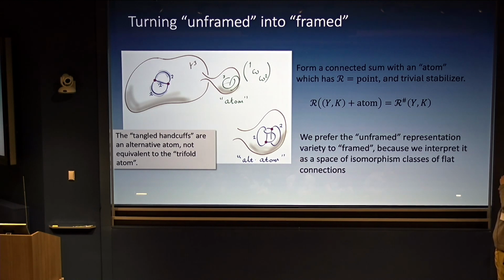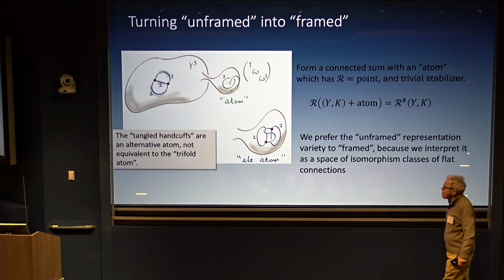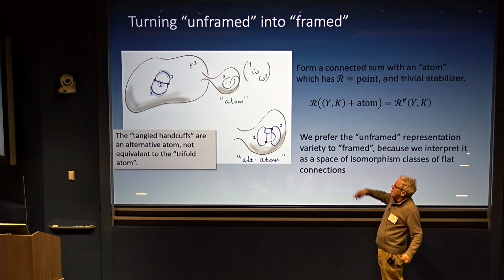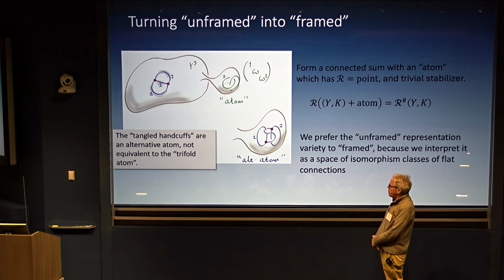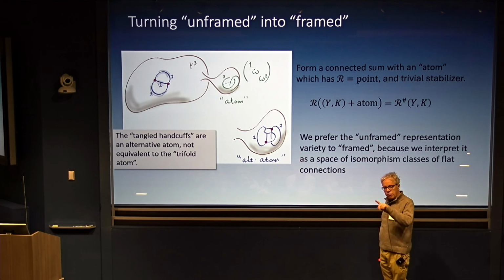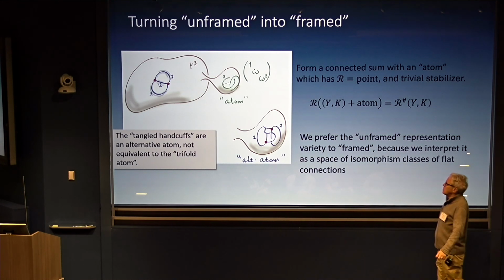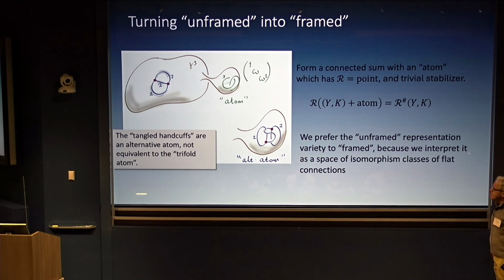The tangled handcuffs there are an alternative atom. The green atom up there is different from all the other orbifolds we're using, because instead of having order 2, it's got order 3 stabilizer along those Hopf link things. I won't talk further about the details, but there are 2 essentially different choices there.